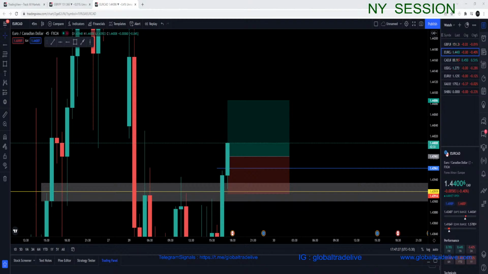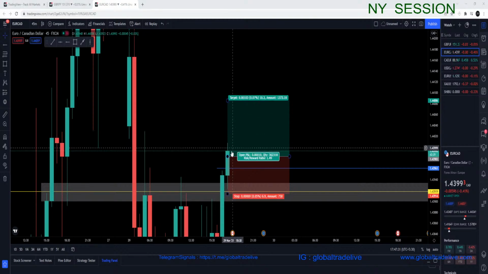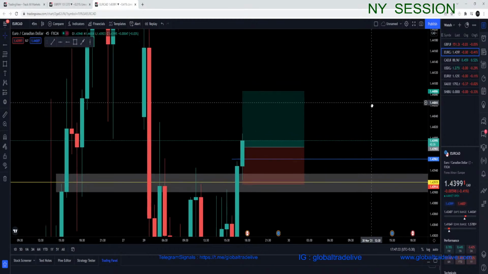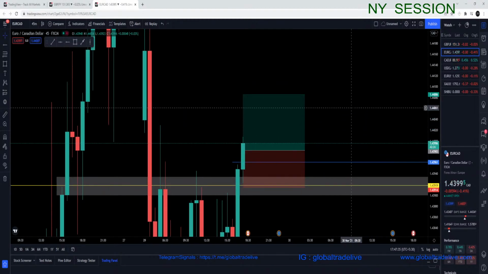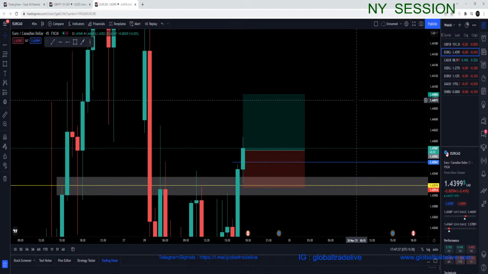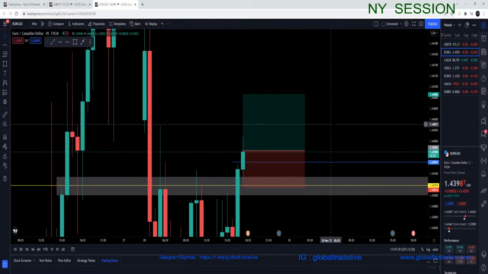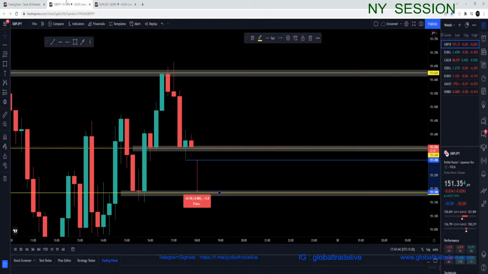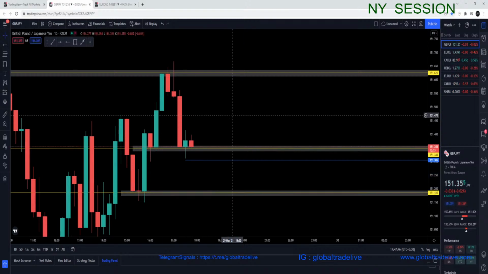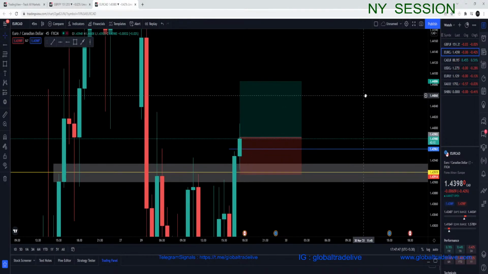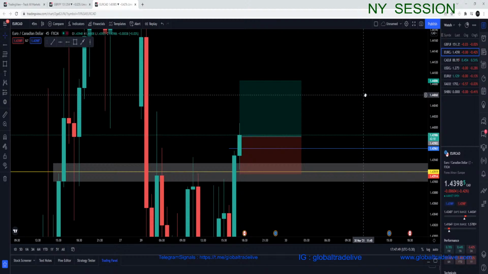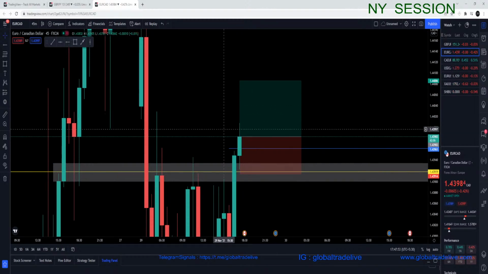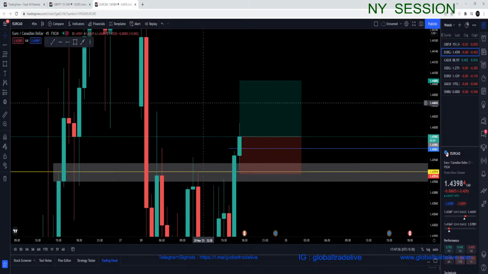Yeah, running in 2.1. GBP is also trying to move down. Sorry. So now we just need volume over here in EuroCAD to push the price up.